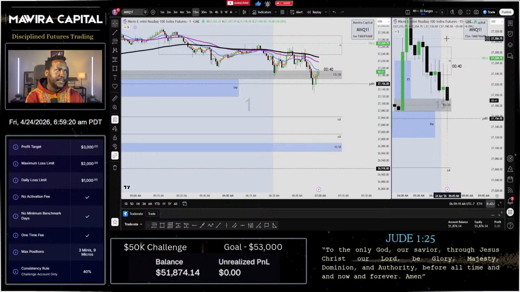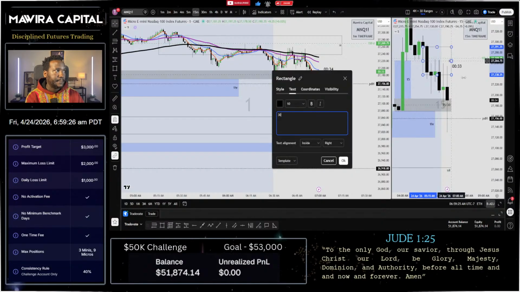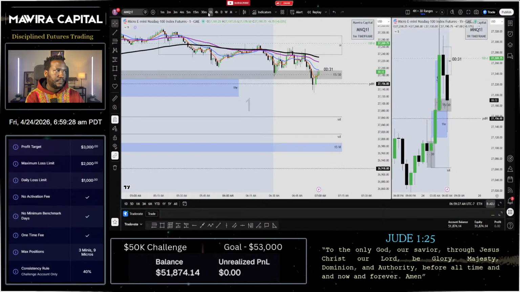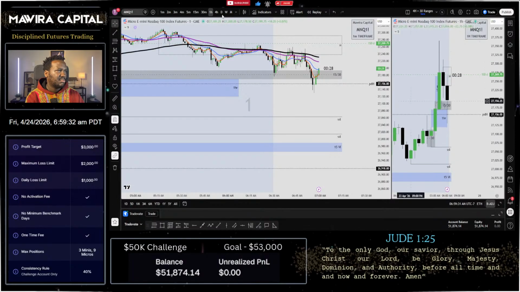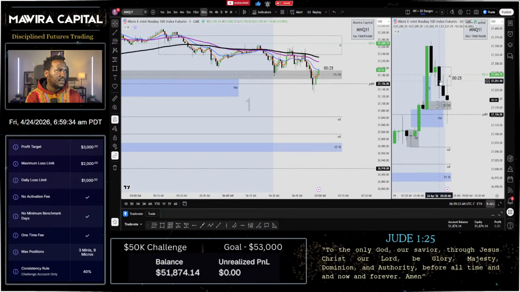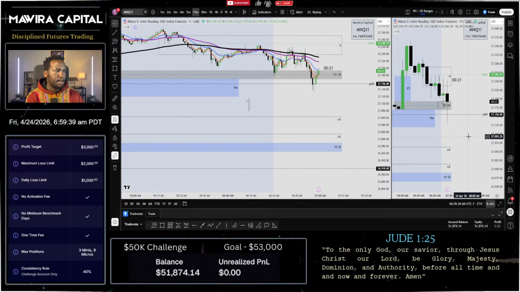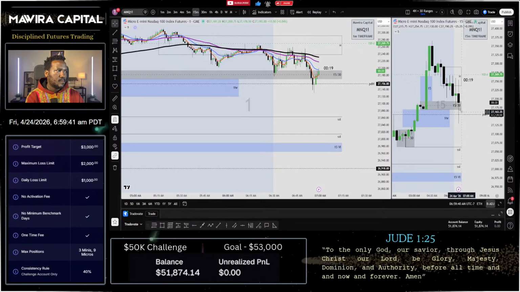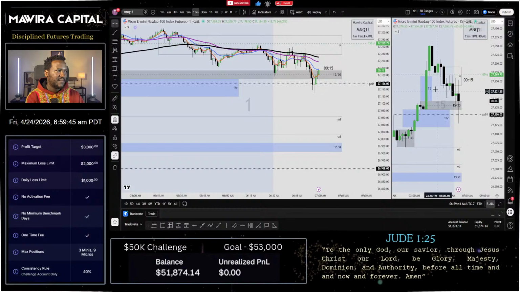The thing is though, we can use this right here, easy. 30-minute. So clean on the 30-minute. Looks really good on the 30-minute. And the 15-minute would also not be inverted.